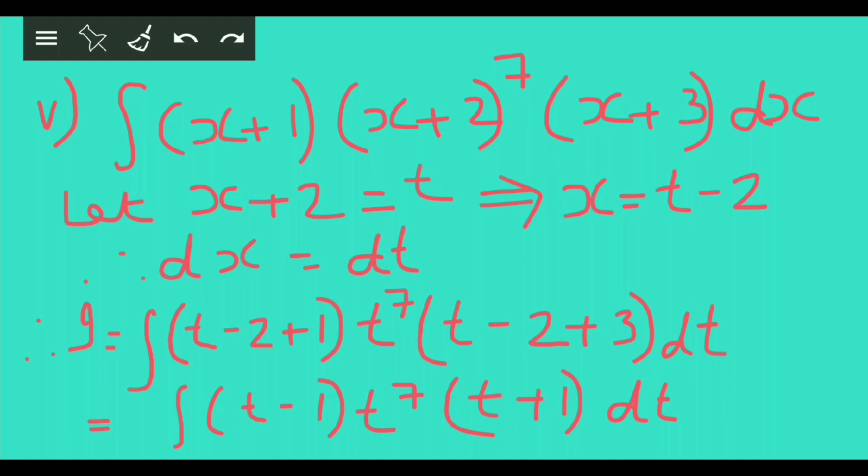Now, t minus 1 into t plus 1. We use the formula for a square minus b square. A plus b into a minus b gives us a square minus b square. So these two brackets will give us t square minus 1. So our integral becomes the integral of t square minus 1 into t raised to 7 dt.